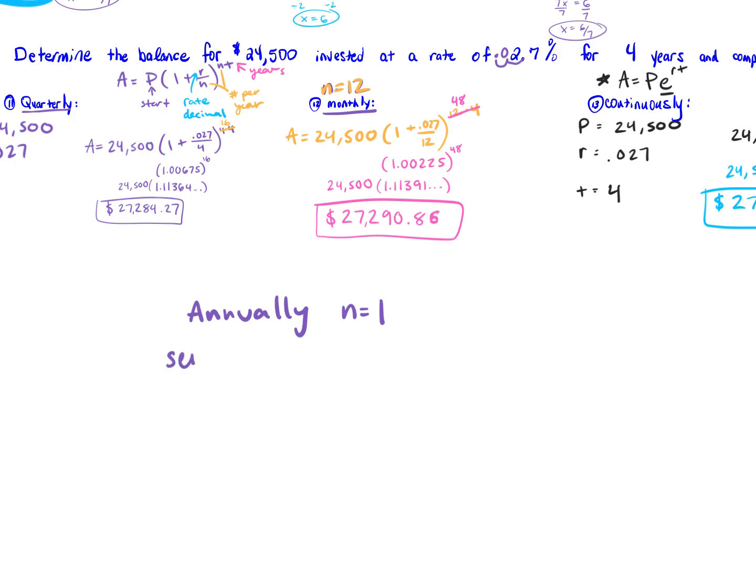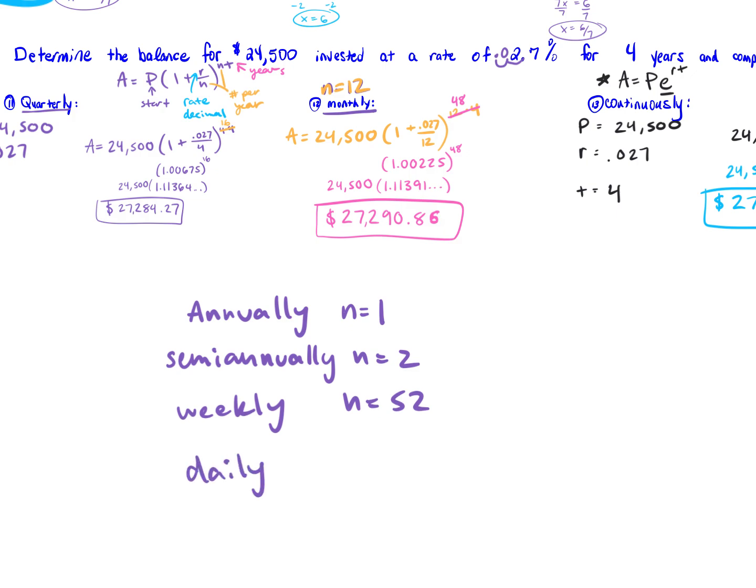What about semi-annually? 2. That would be 2 times a year. What about weekly? N is 52. Monthly's there, quarterly's there, daily? 365.